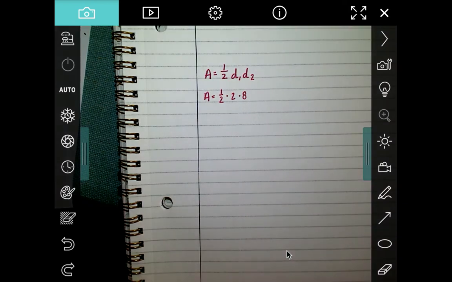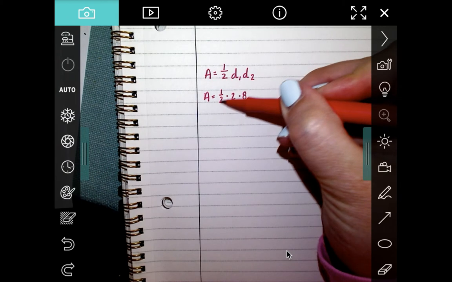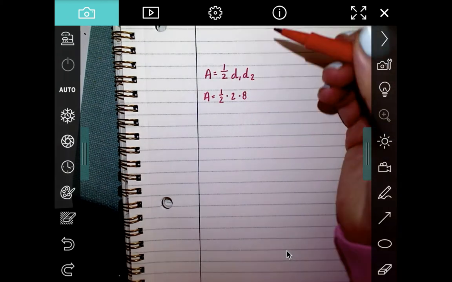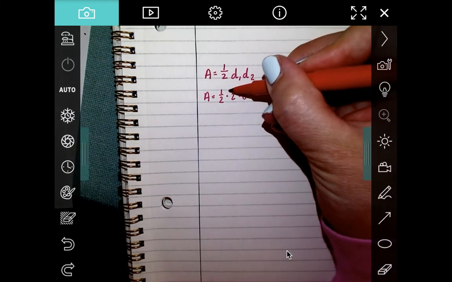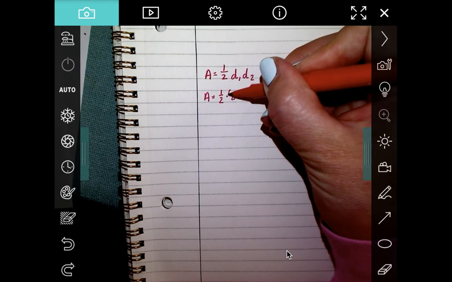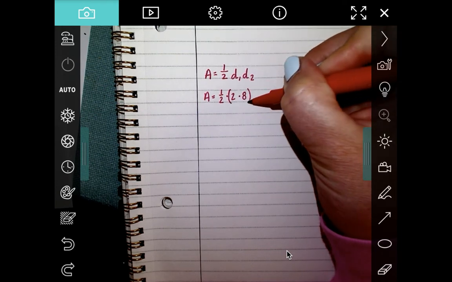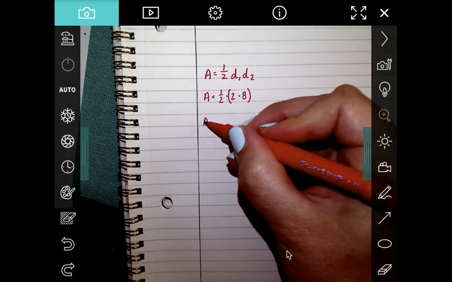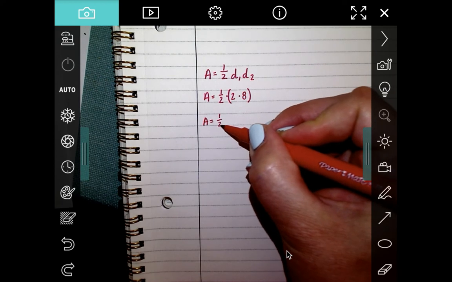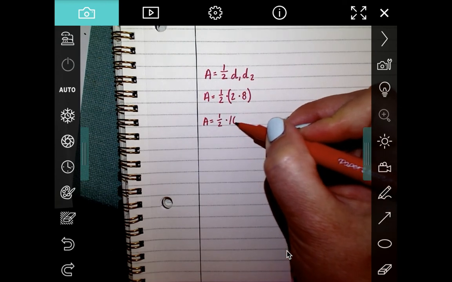All right. So also because of the commutative property, it doesn't matter which numbers I multiply together first. I usually prefer to do the diagonals first. Okay. Area equals 1/2 times 16.